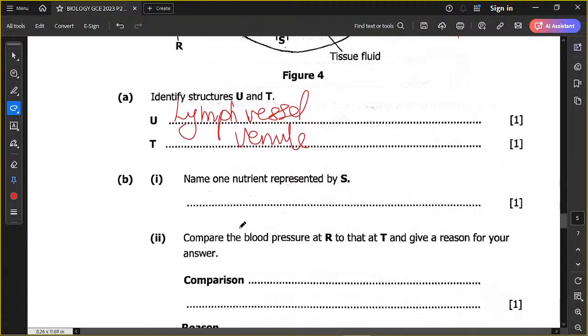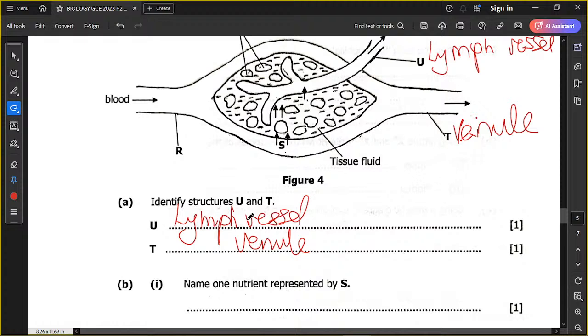Okay, we come to question B1, which is to name the nutrient presented by S. So S is here. What is this nutrient which is going in? You can see it's going in there.